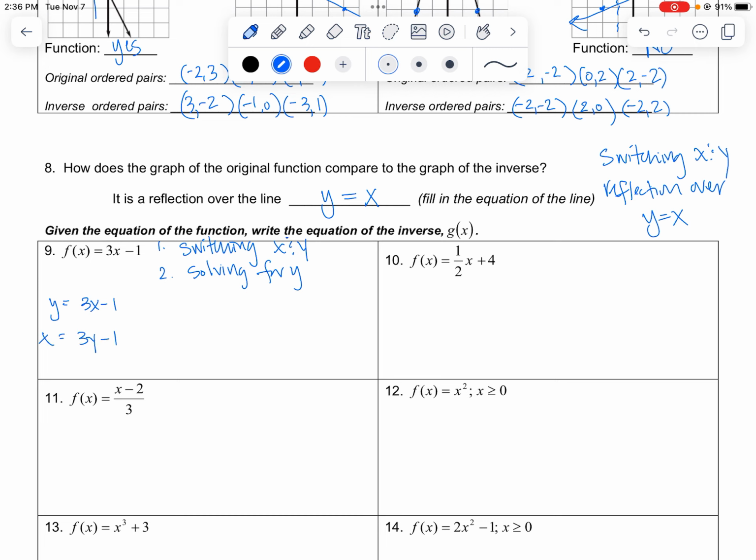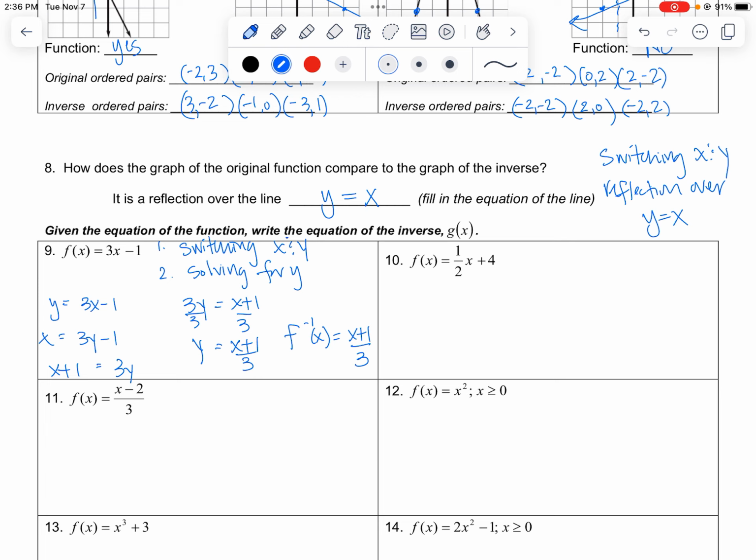Now I'm going to solve for y by adding 1 to both sides, and then taking 3y equals x plus 1, solving for y by dividing by 3, and saying that y equals x plus 1 over 3. So my new notation is f to the negative 1 of x. That means the inverse of x is x plus 1 over 3.